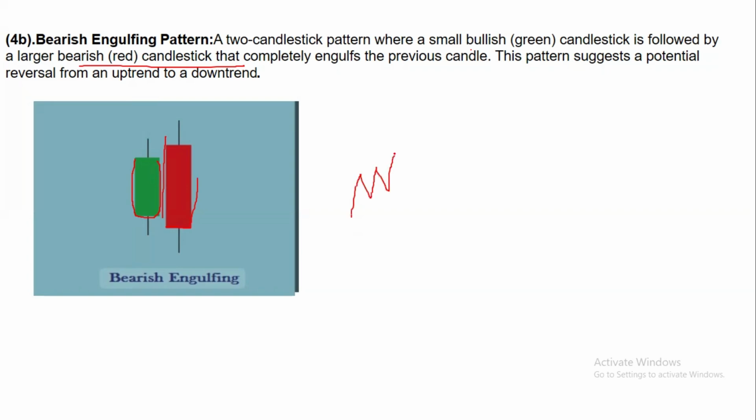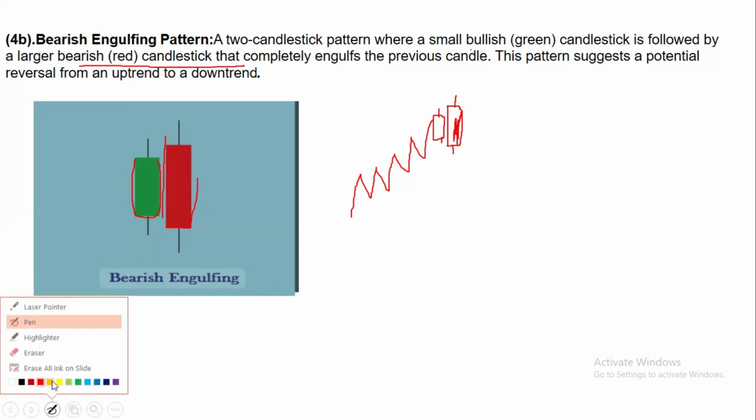Now we have a scenario here. Maybe the market is trending to the upside, and in a value area you have a bearish engulfing pattern, right? You have a bearish engulfing pattern at this type of area. Let's say this is the red candle and this is the green candle, at this area, right?